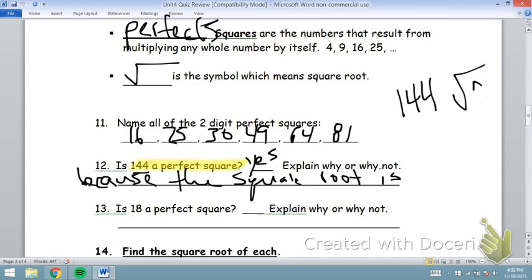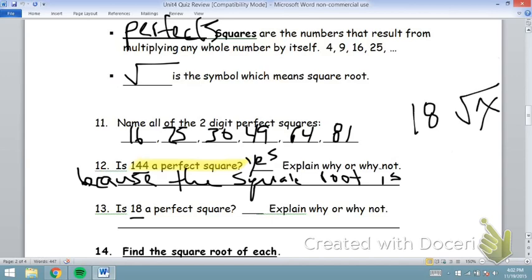So for number 13, it asks, is 18 a perfect square? So in your calculator you type in 18, press the square root button, and you should get a pretty ugly decimal. It should be about 4.24.